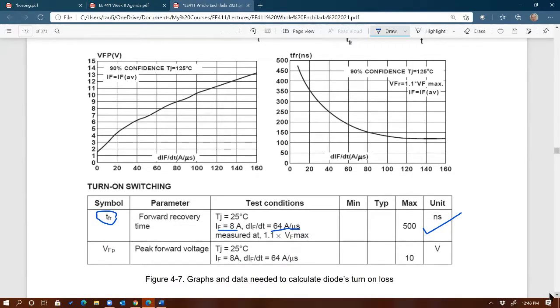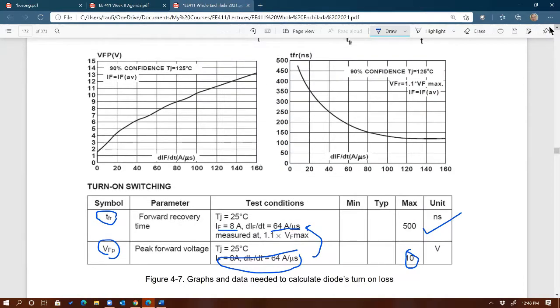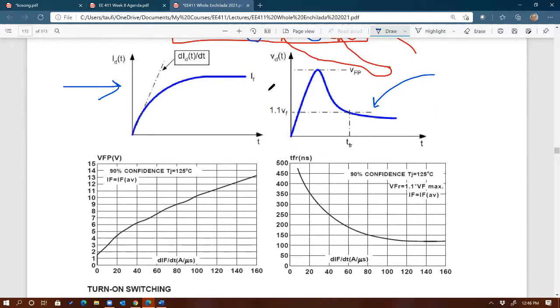Same thing for VFP right there. It's 10 volts, but again, that's only true under the same condition as the previous one, the TFR. Again, it's okay for rough estimation, but if you'd like to get more accurate measurements of the loss, you capture the waveforms: current as the diode is turning on, voltage as the diode is turning on as well.